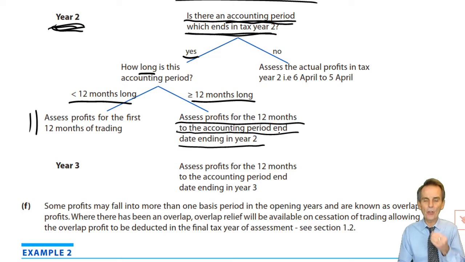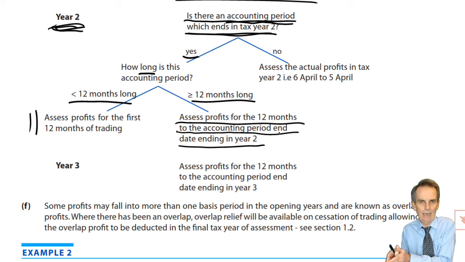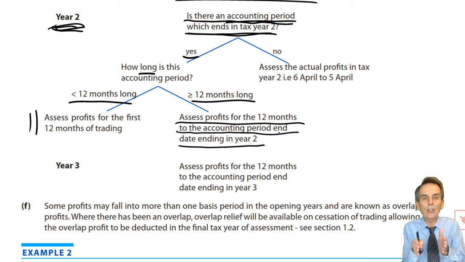So we take the last 12 months of that long opening period, the 12 months to that accounting period end date. If it's a 15-month, a 16, an 18-month period, whatever it might be, more than 12, we take the 12 months to that accounting period end date, i.e. the last 12 months of that long opening period.